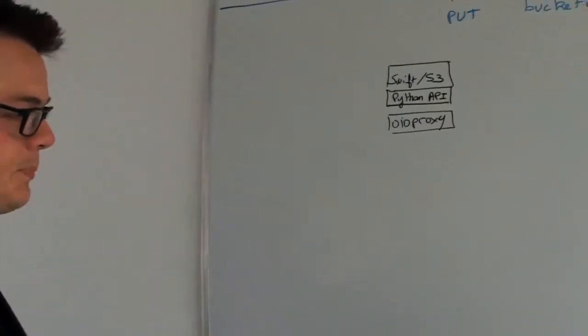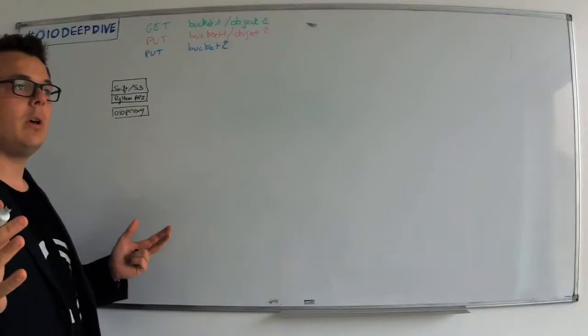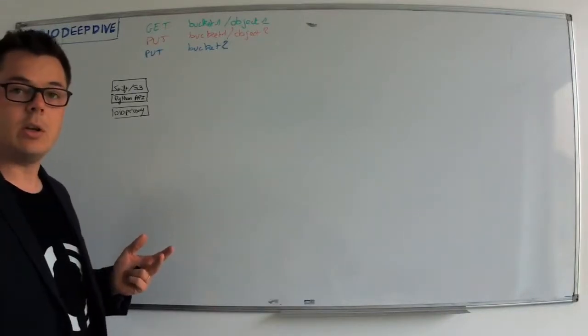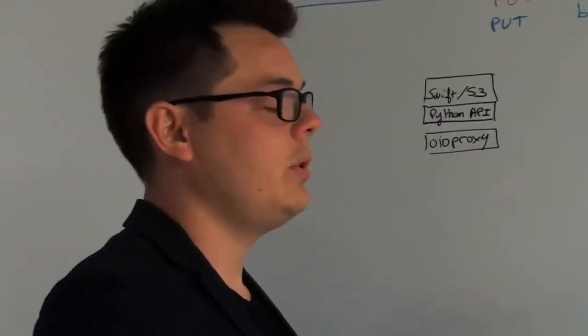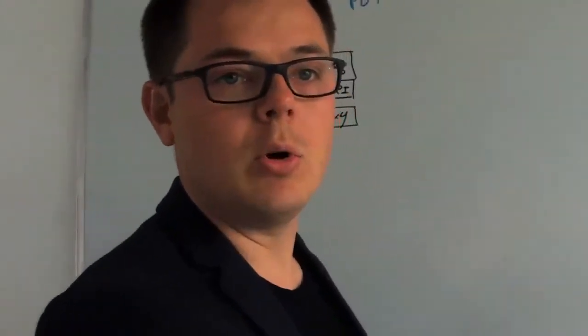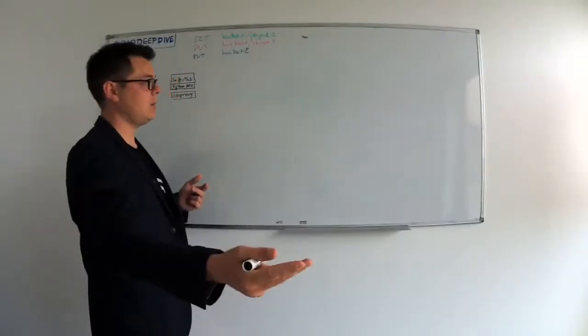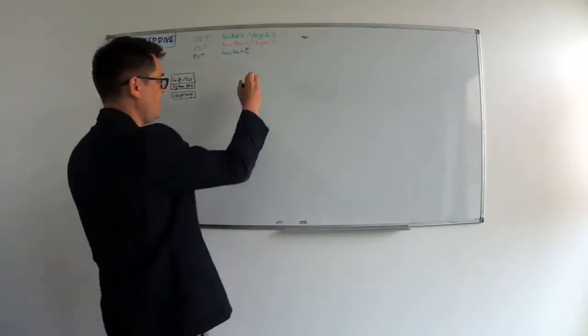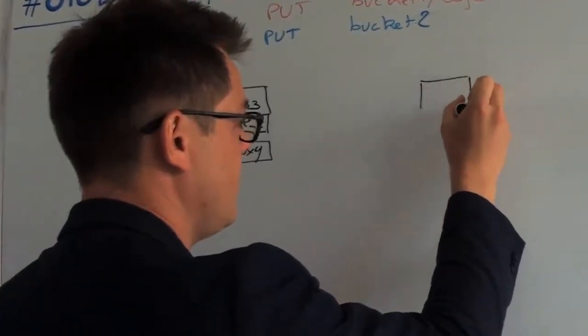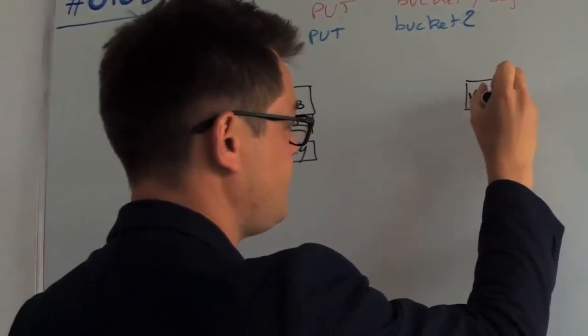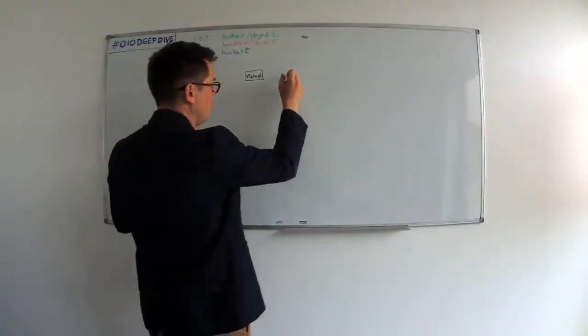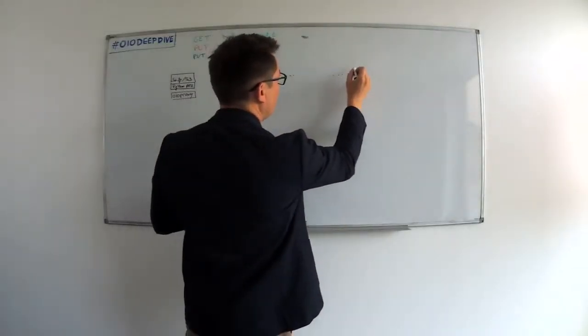Then, inside OpenIO, we have three levels of indirection. I mean that when you want to retrieve a data, you have three hops to make to get the data. The first level of indirection is the meta0. We have a couple of them.